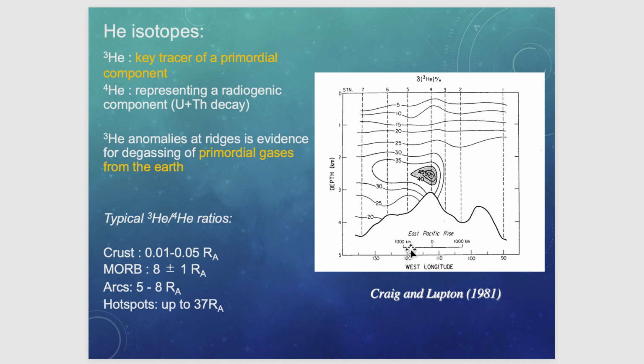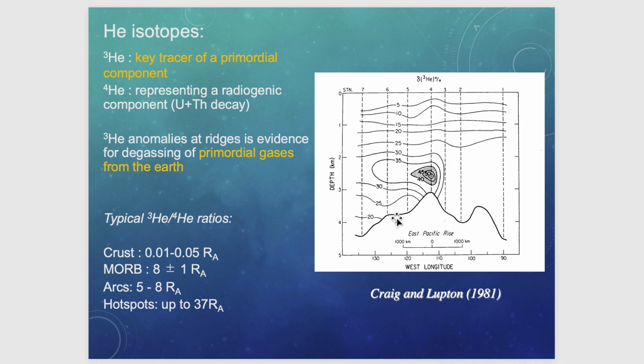And you have the scale here that gives you the indication of the distance covered by this profile, and also on this side you have the depth in kilometers. So if you are able to detect and calculate the ratios of the delta helium-3, you can understand its distribution in seawater.